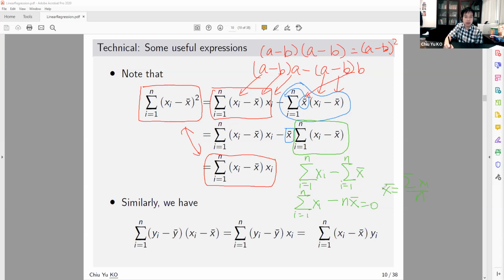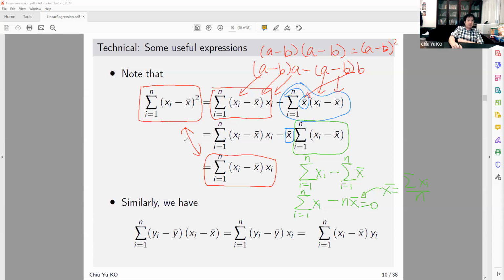The 0 comes from the definition of x bar. X bar is the sum of all the observations divided by n, so n times x bar is the sum of all observations. Sum of all observations minus sum of all observations is 0. That is how you get the proof here.